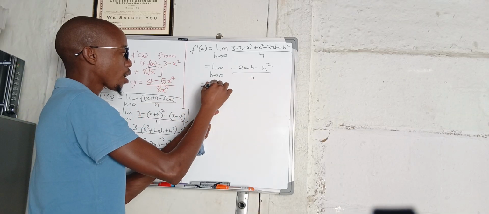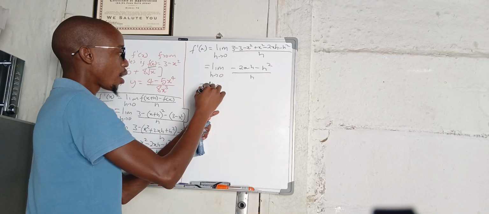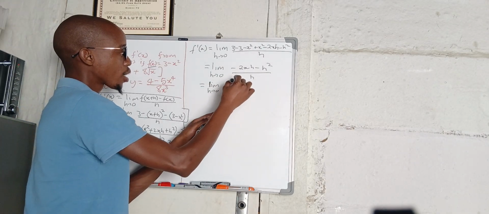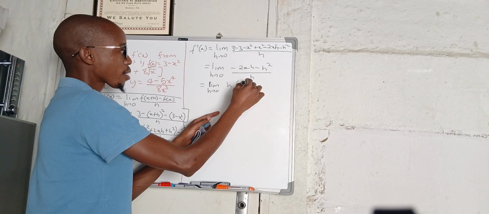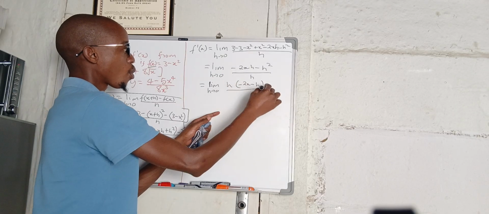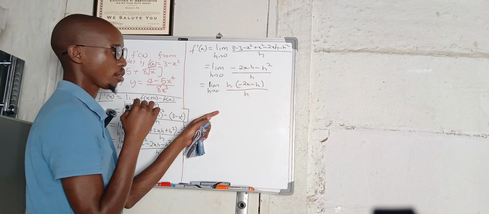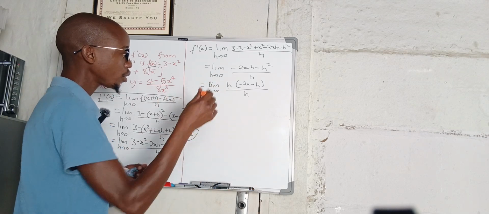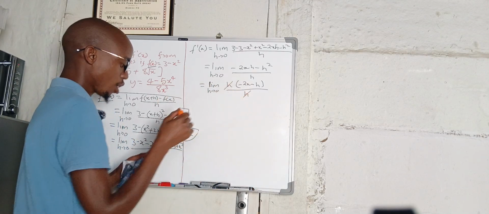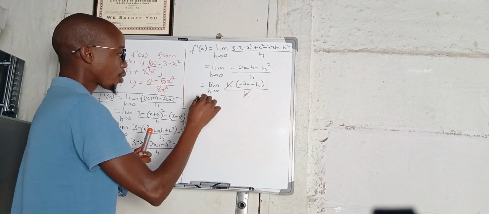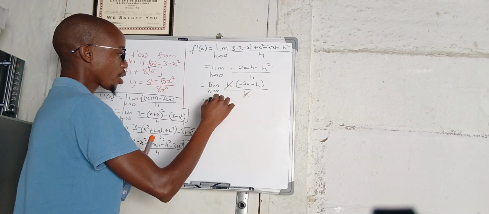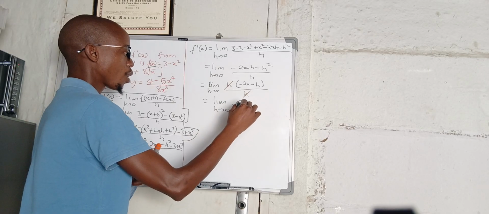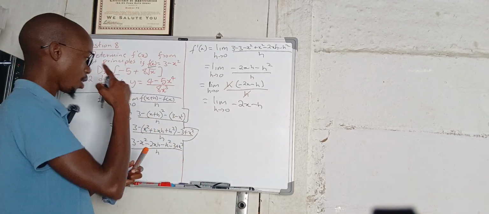I'll have limit as h approaches 0, and then I'm taking out my h, and I'll be left with minus 2x minus h all over h. Then the h will cancel this h. Then I'll be left with limit as h approaches 0 of minus 2x minus h.